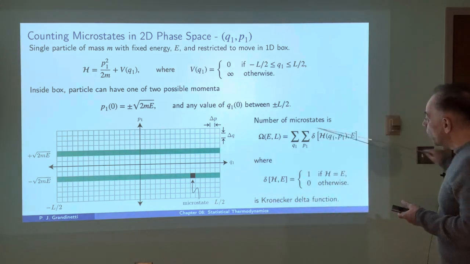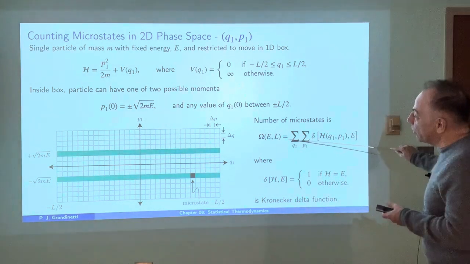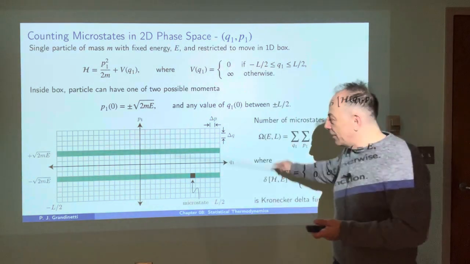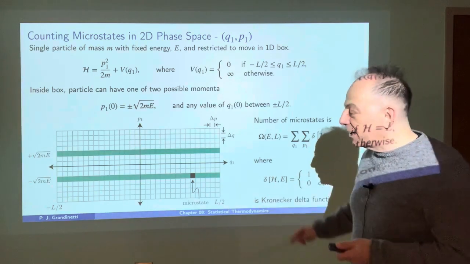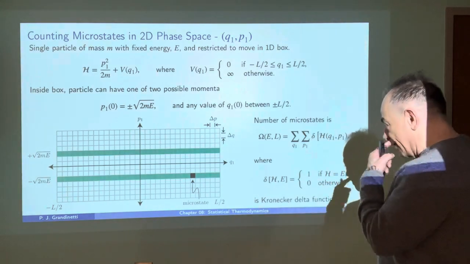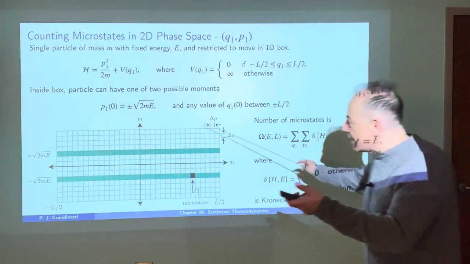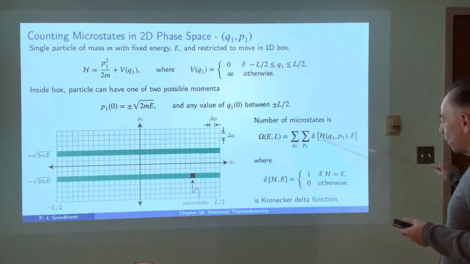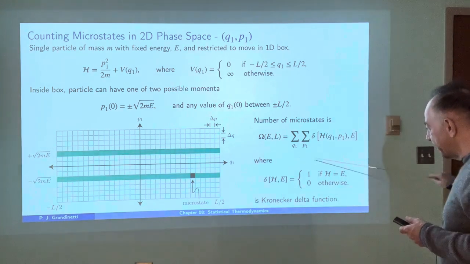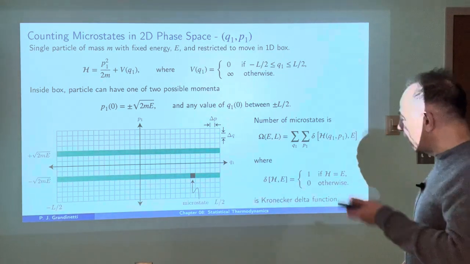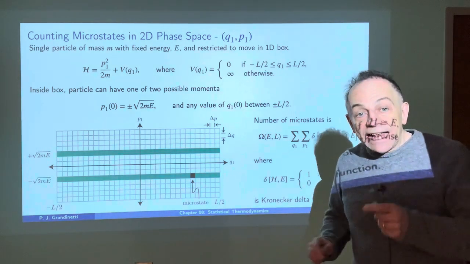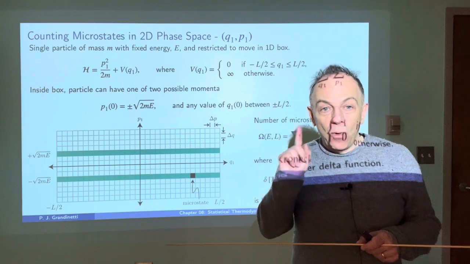And this way, when this sum is complete, it will have effectively counted all of the green cells here and not counted the ones that aren't shaded in. All right? So that's how we're going to count microstates in this simple case, with this function that I call the Kronecker delta function. All right, so that's one particle in one dimension.